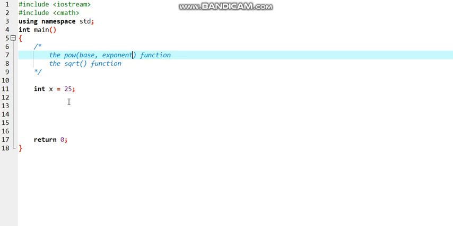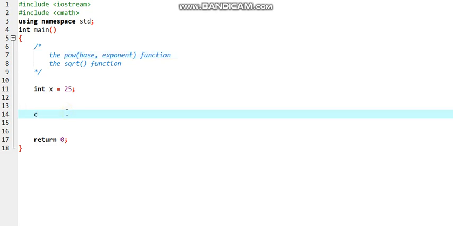So let's say we want to find 25 raised to the power 2. So that's going to be pow, that's the keyword. Then we're going to say x raised to the power 2.